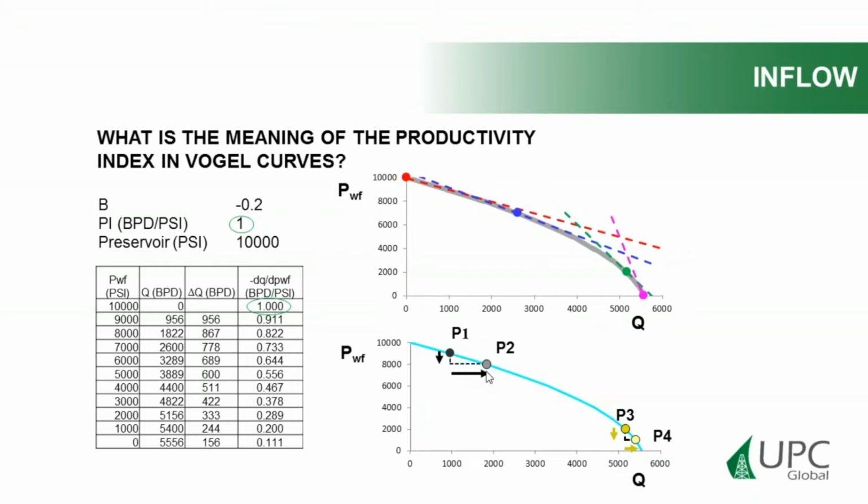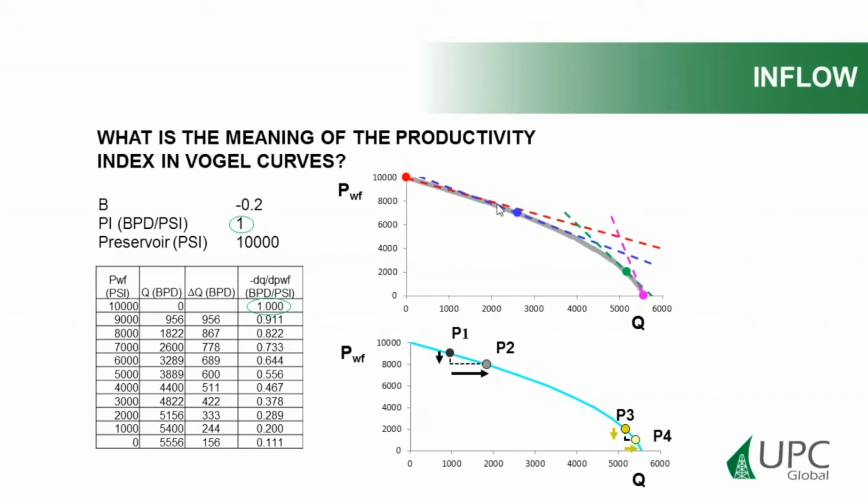This means that when you reduce the pressure at the beginning, you are gaining a lot of rate. Reducing 1,000 psi, I got 955 barrels additional. At the end, reducing only from 1,000 to 0, I got an additional 156.